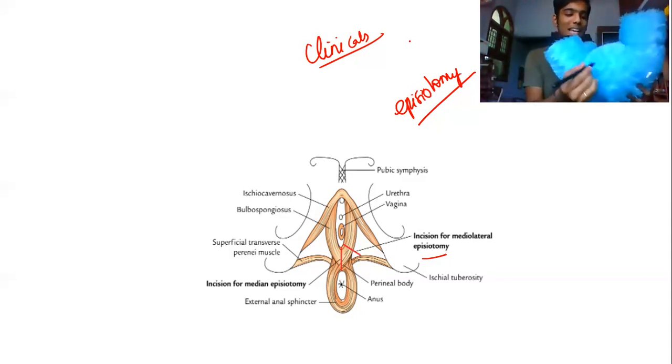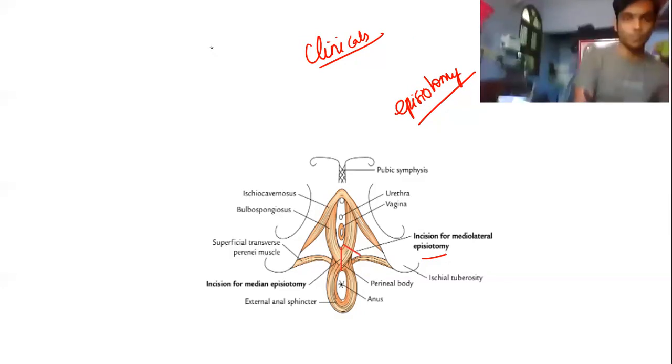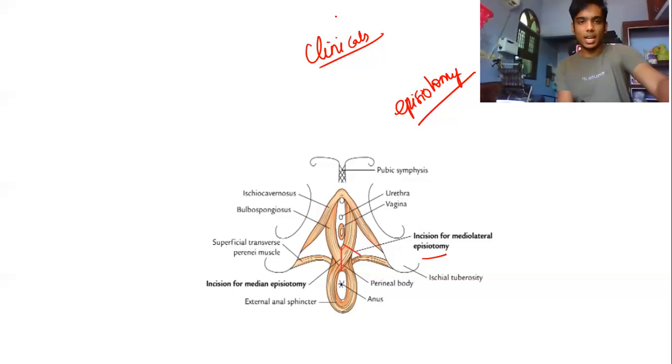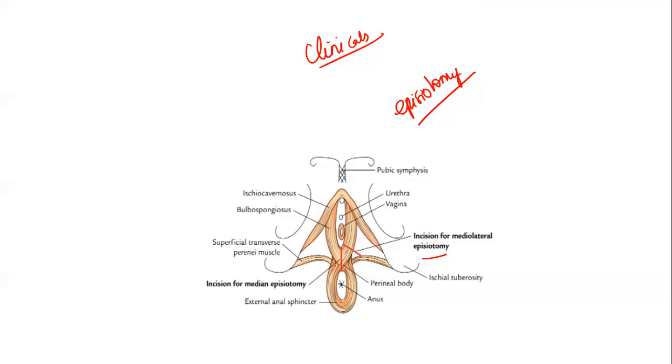So when I approach medially, what happens is, can you see in this picture? Just a minute, I'll show you. When I do a median episiotomy, I'm going to go through the labia minora and approach till the external anal sphincter. So from the labia minora, I expose till the external anal sphincter.